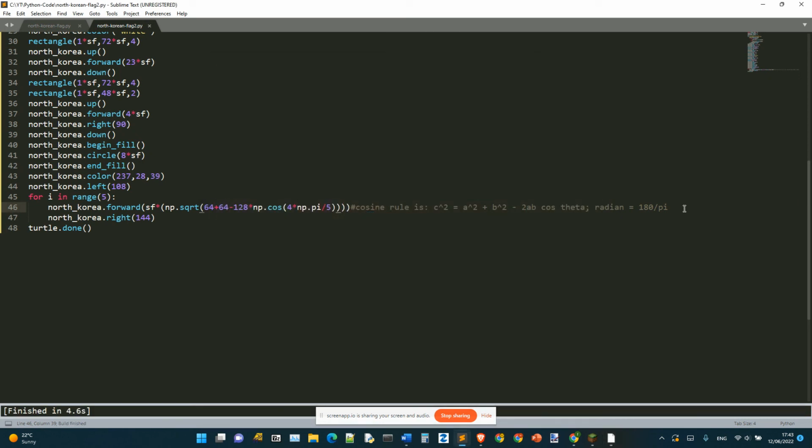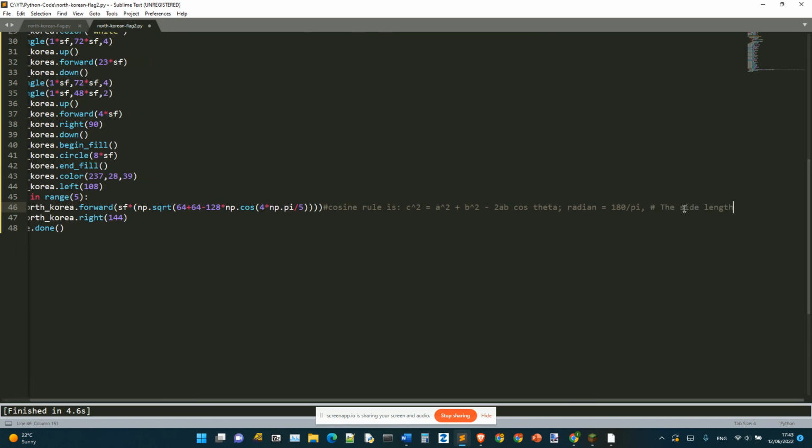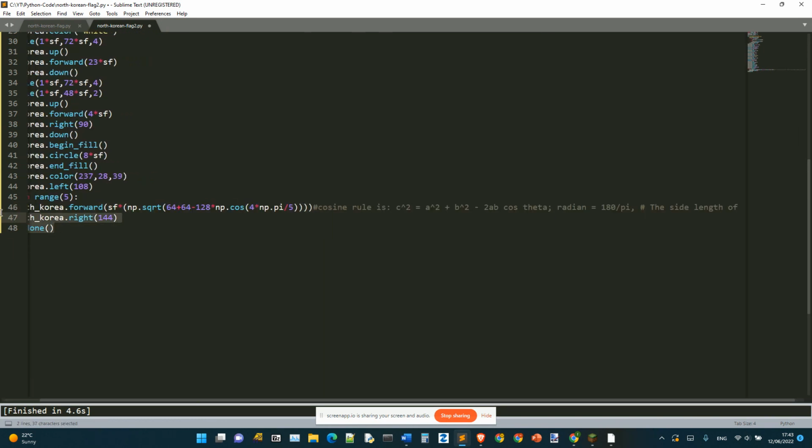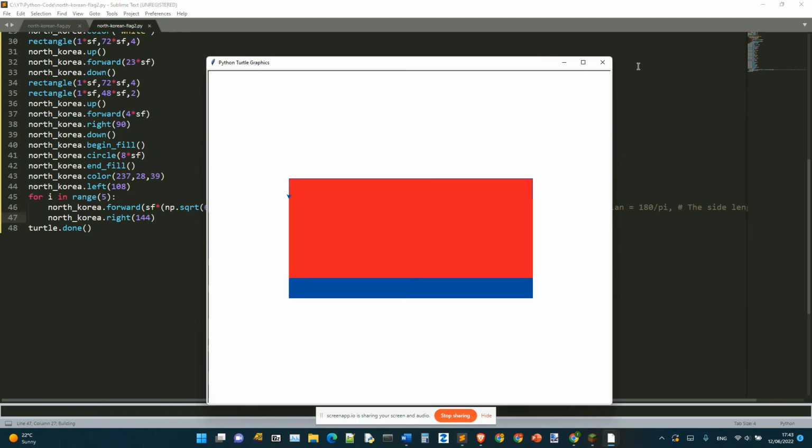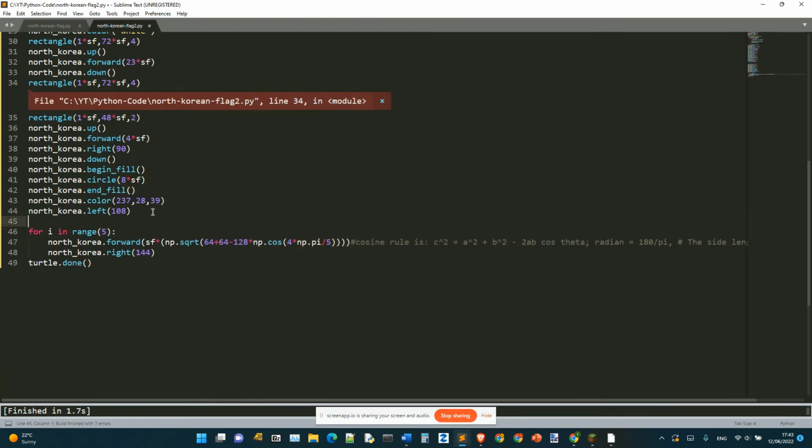So, hashtag the side length of this. Oh well, so we were going to do this. Oh, we forgot to fill. Yes, we forgot to fill. North Korea dot begin fill, North Korea dot end fill.